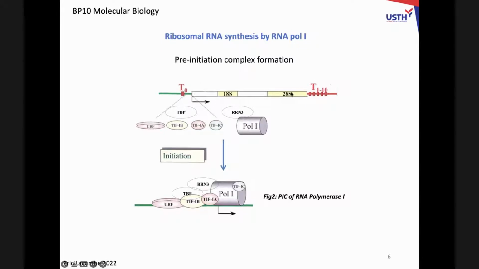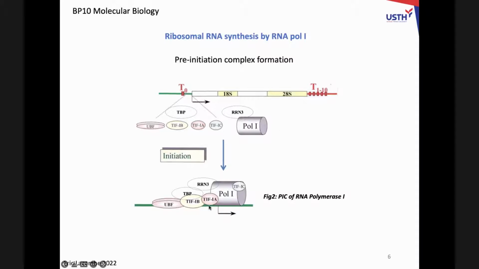So the drawing is a little bit different, but it's the same. Here you find again the region transcribed by Pol 1. In the middle, there is the 5.8S rRNA. This is the repeat, and here is the place where the core promoter is located.